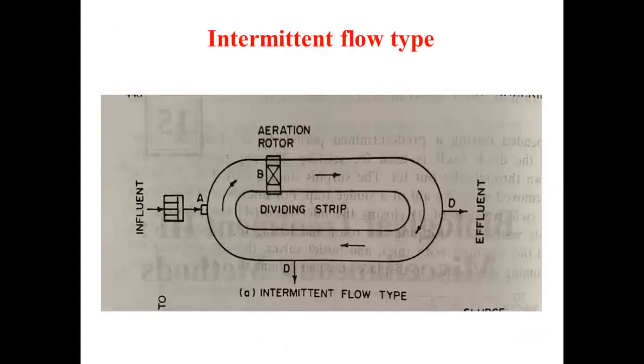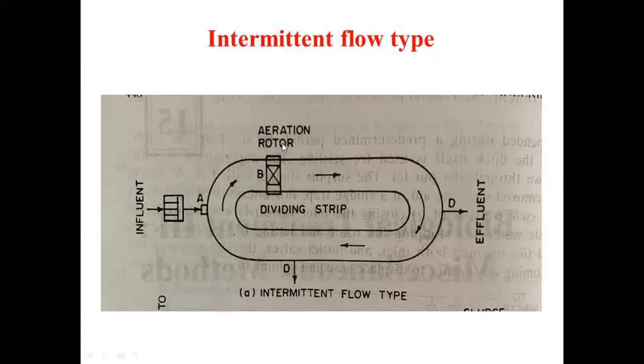So first I have taken here the intermittent flow type. The name itself tells you what is meant by intermittent flow type. We can say it is a batch type, a fill and draw type. How? This wall will be open, influent will come, and the aeration will be in process.